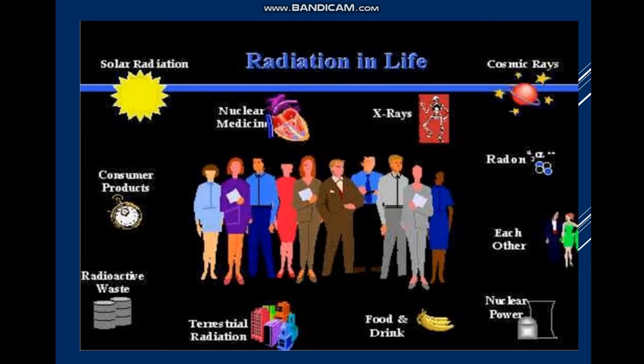Radon, a naturally occurring gas, emanates from rock and soil and is the main source of natural radiation. Every day, people inhale and ingest radionuclides from air, food, and water. People are also exposed to natural radiation from cosmic rays, particularly at high altitude.